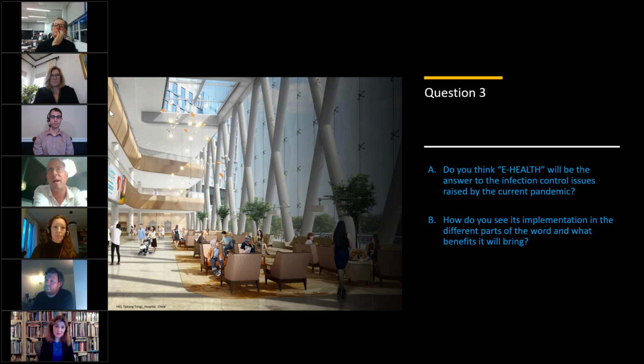Of course we have the need for operating theaters, we have the need for intensive care, there is no question about that, but rehabilitation, outpatient clinics and other satellite functions are not necessarily close to the core hospital with intensive care and operating theaters. You see the trend also in the Nordic regions, in Denmark and other parts of the world.